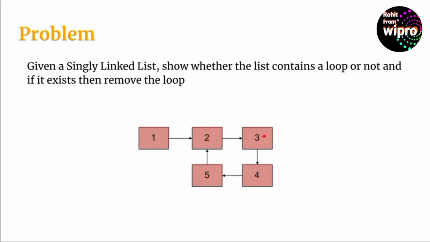In the next iteration, 3 is slow and 5 is fast. In the next, 4 is slow and 3 is fast. Then in the next iteration, 5 is slow and 5 is also fast. At this point, slow and fast become the same node, so we can tell that yes, a loop exists.